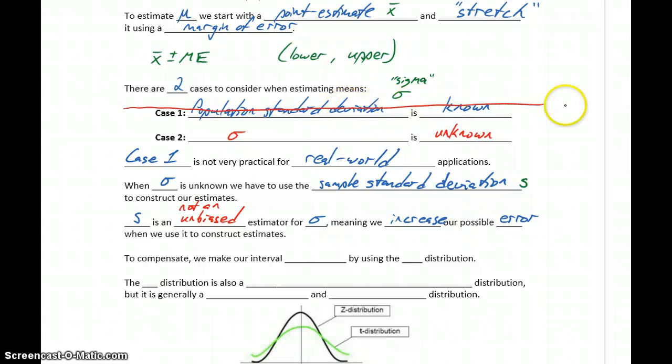In case one, whenever the population standard deviation is known, our estimates are being constructed and calculated using a normal distribution. In case two, when we're basing our results off the sample standard deviation, we're introducing that additional error, so we're going to use something called the t-distribution.